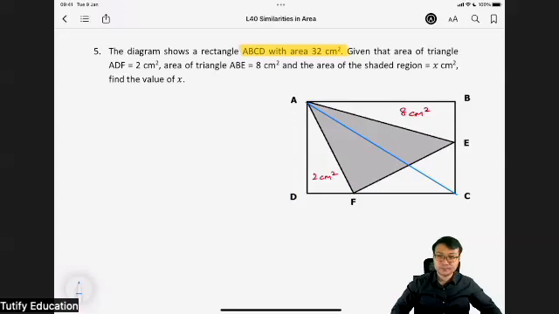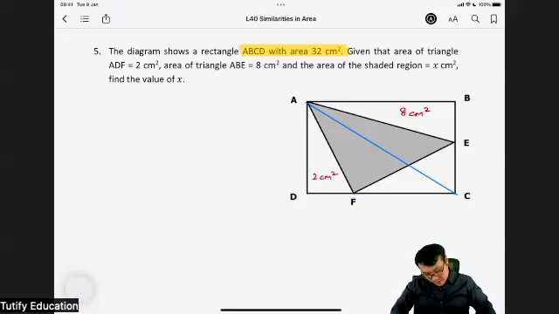Yes or no? You know that the entire rectangle is 32, right? So, Abby, can you tell me the area of ADC? 16. Yes.